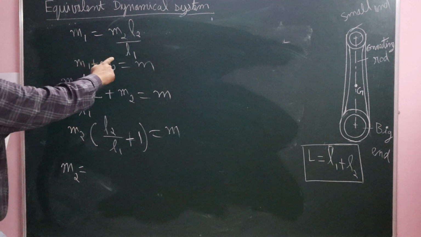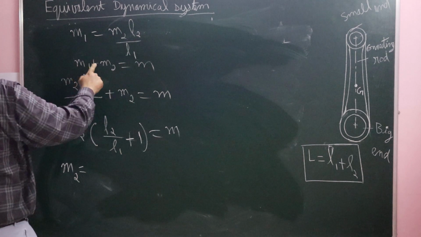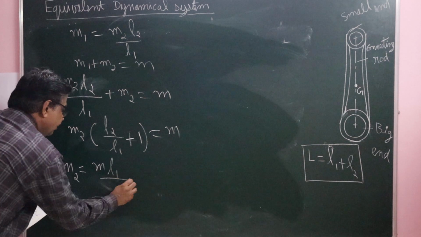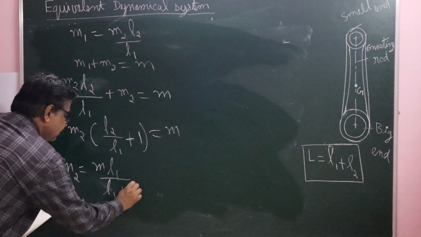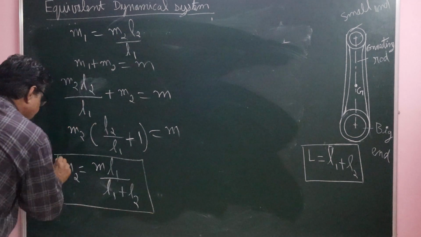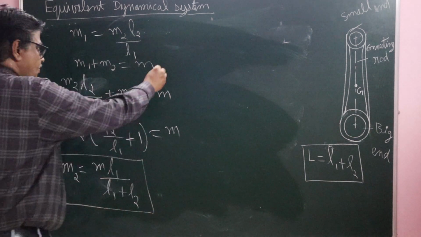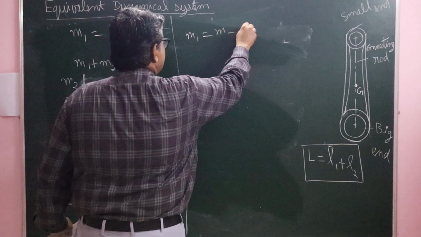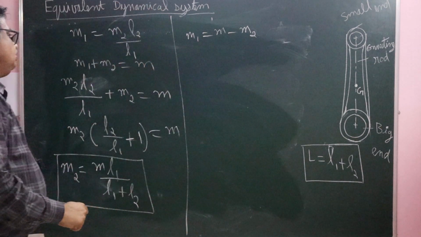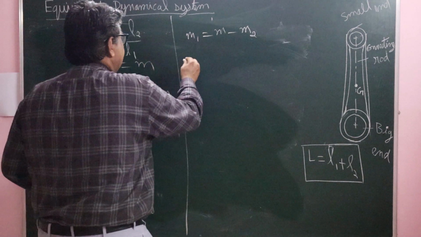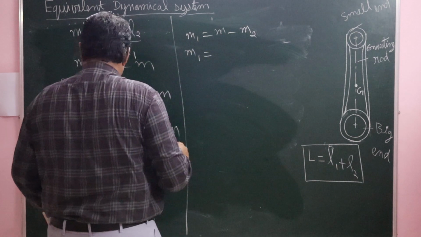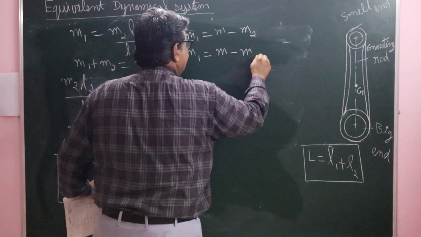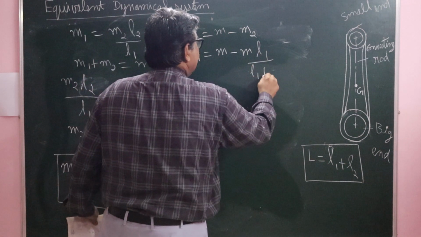Substituting the m1 value, m2 is equal to m L1 divided by L1 plus L2. So this is one mass. The second mass, m1 equal to m minus m2, because m1 plus m2 equal to m. Therefore m1 equal to m minus m2, that is m minus m L1 divided by L1 plus L2.